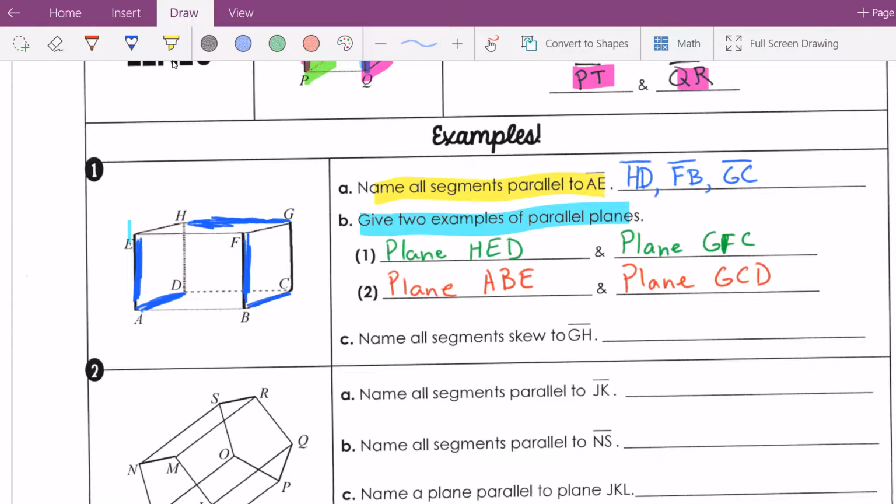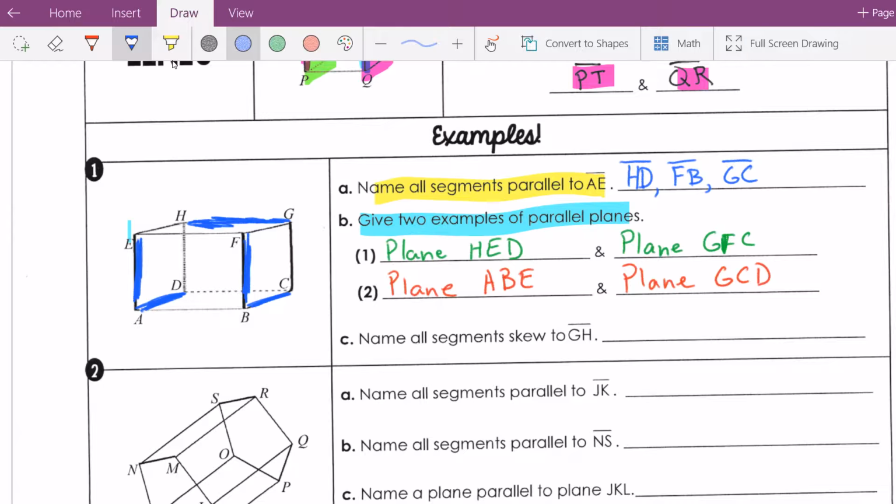and BC. Right. Now, the other ones that we have here, HE would intersect at H, HD would intersect at H, GC would intersect at G, GF would intersect at G, EF is the same direction as HG, so that's not skew.